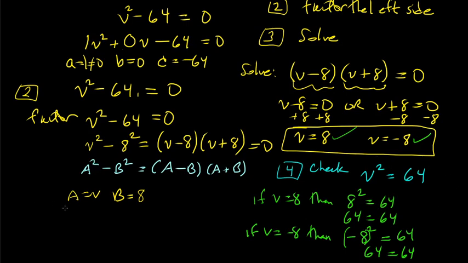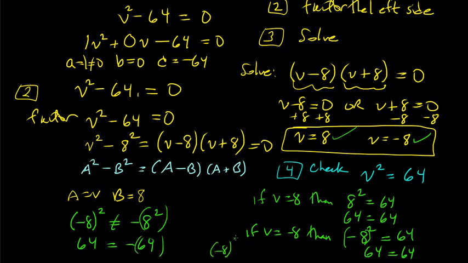So again, be careful, know the difference between negative 8 squared and negative 8 squared. We're not squaring the 8 and then putting a negative in front. We're squaring the negative 8. And negative 8 times negative 8 is indeed positive 64.